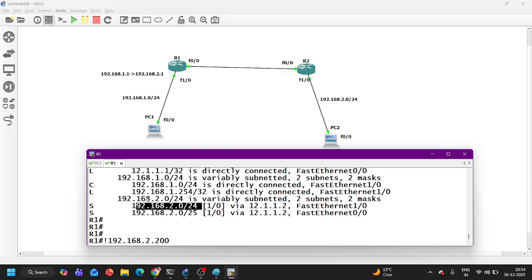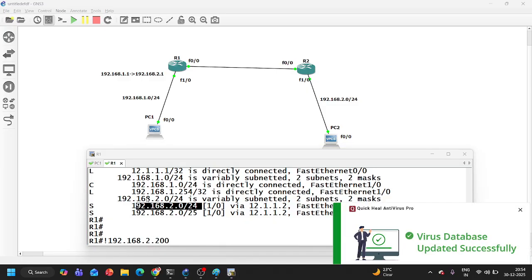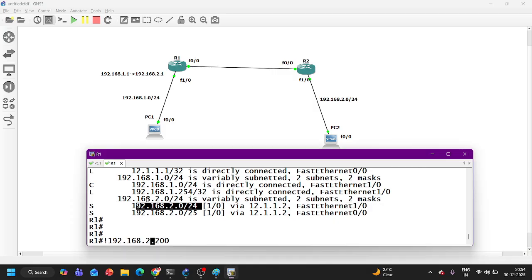Everything depends on the routing table, where your router will forward the traffic. If the router is not using the optimal, best path, maybe users will get slowness. If it is using the longest path, that can be possible because of wrong routing.